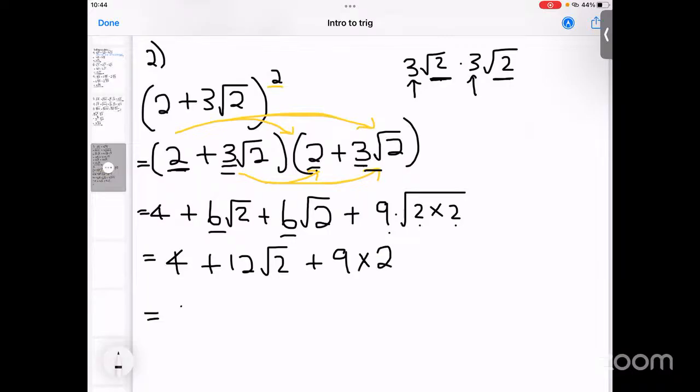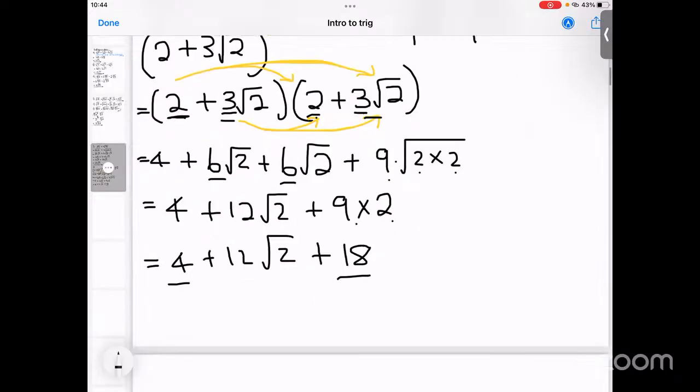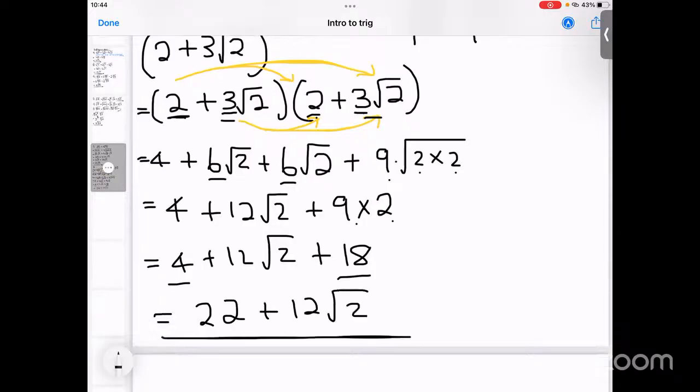So you're having 4 plus 12 square root of 2 plus that, not plus but times, it's 18. So it's like you have 18 plus 4, where it ends up being what? Is it 22? It should be 22, that you plus it by 12 square root of 2. And that should be the end of it.